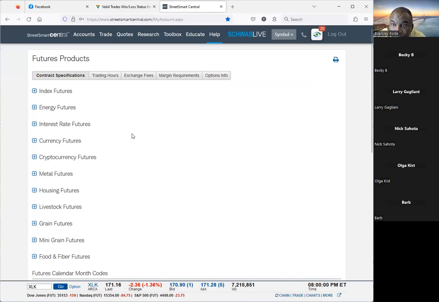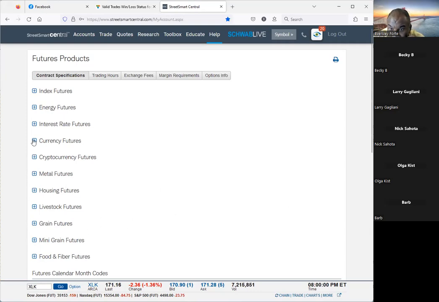Okay, what you're seeing right now is the Schwab platform and the futures products tab. These are the various different types of futures products. I want some people to make a note of some numbers, because we're going to use them a little bit later on.